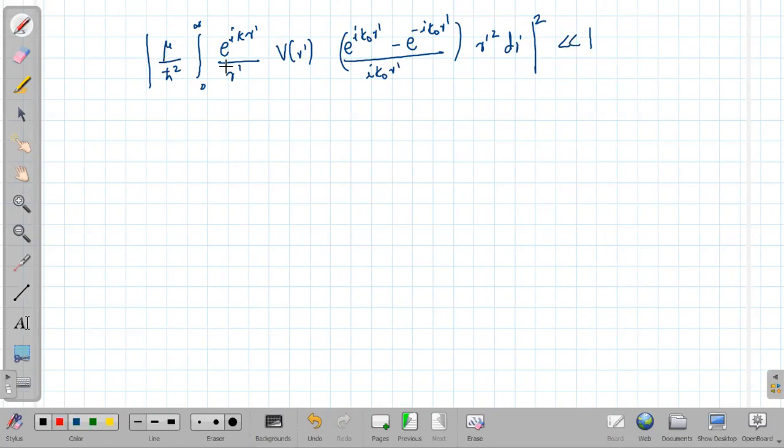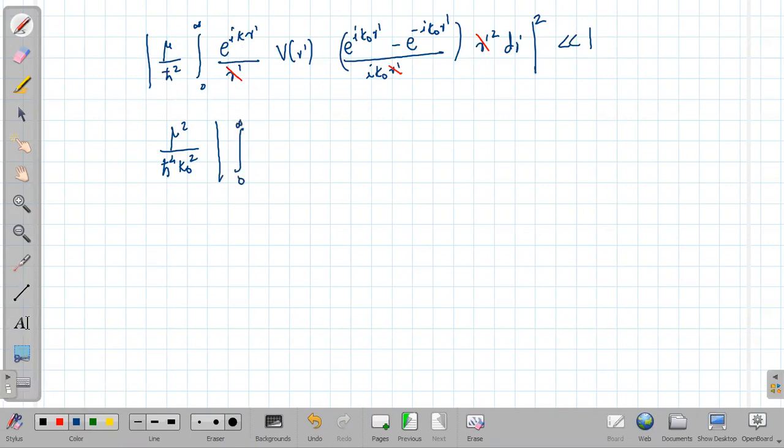Now this r prime cancels. Now finally, after a few simplifications, this can be simply written as mu square upon h cut raised to 4 k0 square, then mod integral 0 to infinity.